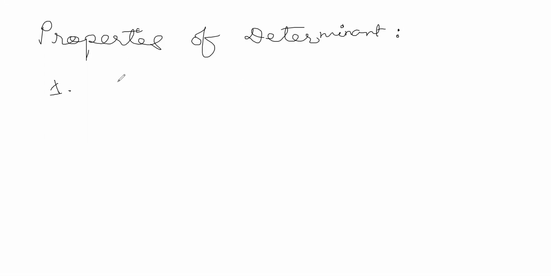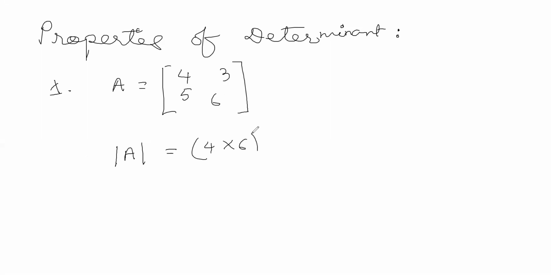So given a matrix A which is equal to 4, 3, 5, 6. Let's take the determinant of this given matrix A, which is 4 into 6 minus 5 into 3, and you get 24 minus 15, which is equal to 9.